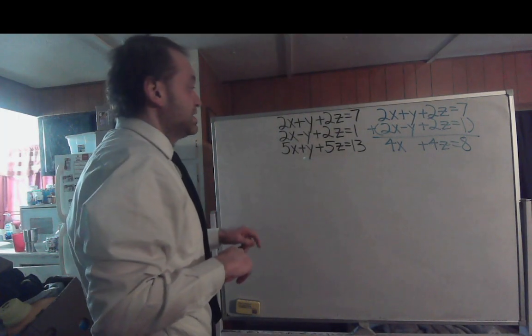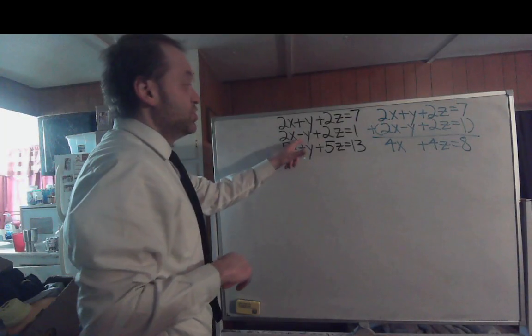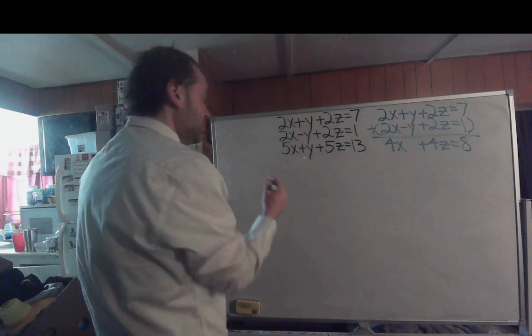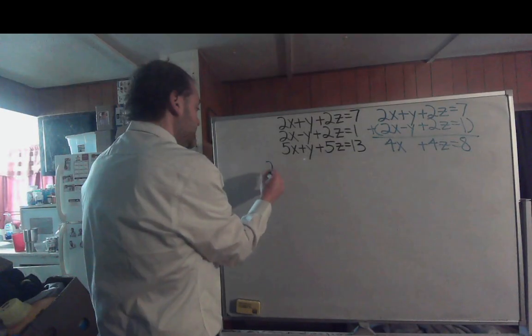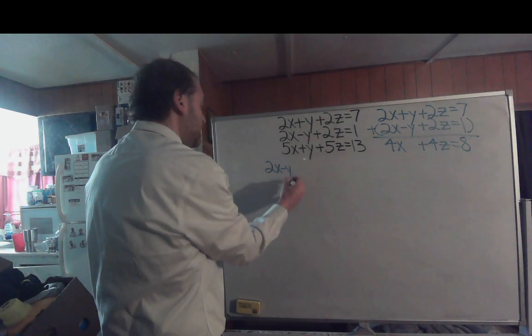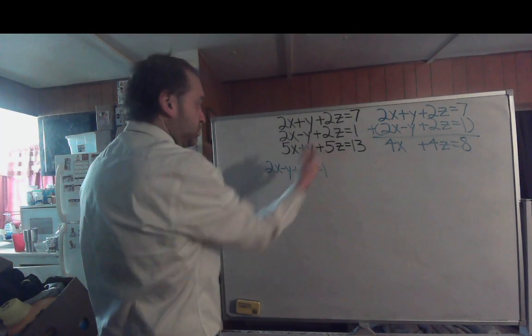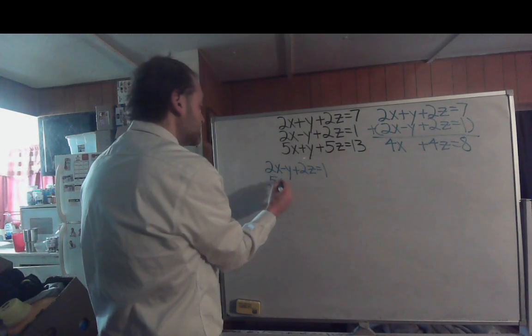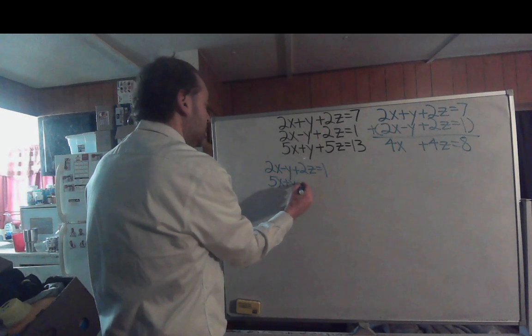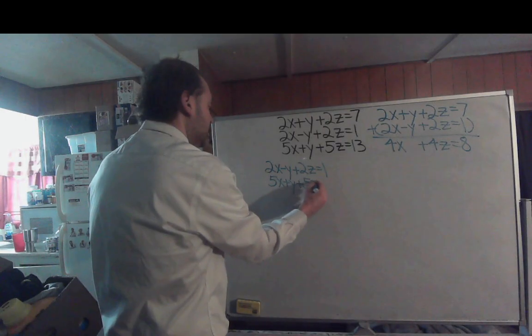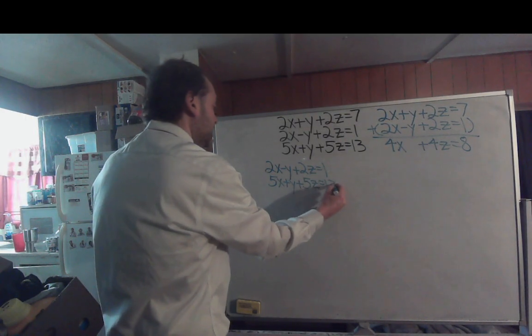Now go ahead and take your second and third equation and do much the same thing. You can add them together. So take your 2x minus y plus 2z, set that equal, of course, to 1. Take your 5x plus y plus 5z, that'll equal 13.